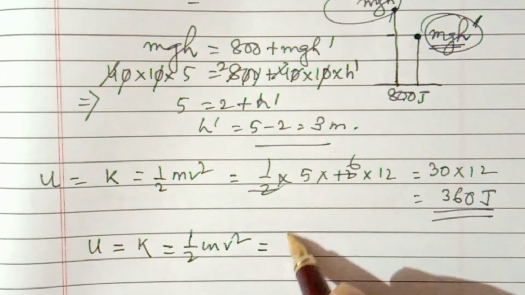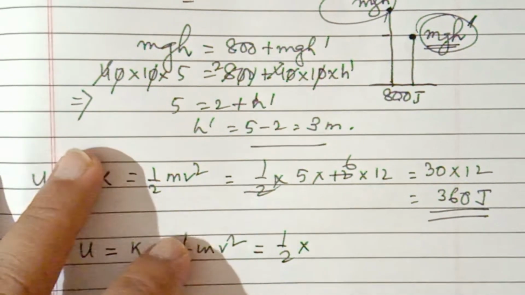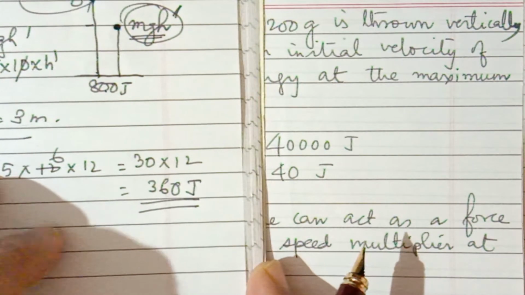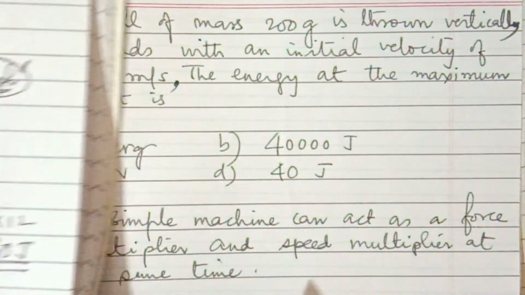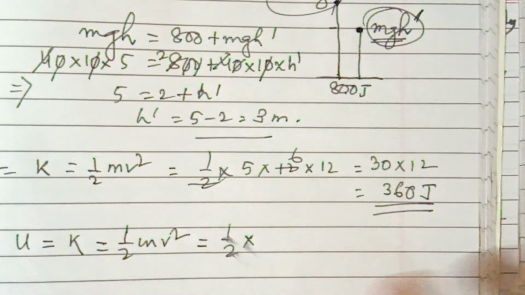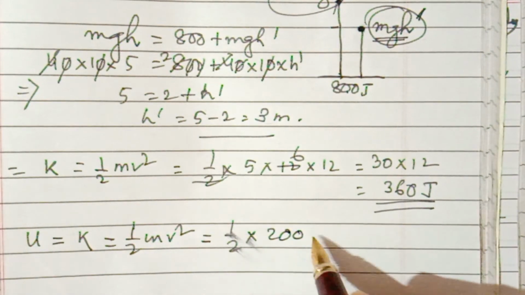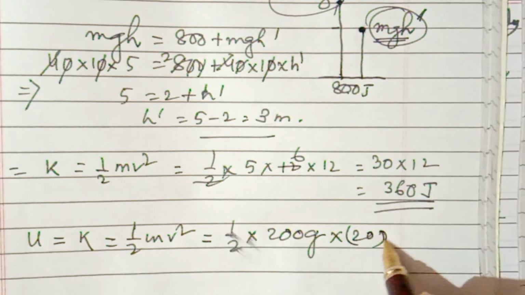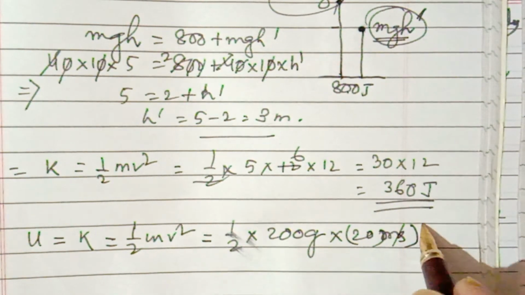So what is the initial velocity? Mass is 200 gram and velocity is 20 meter per second. So half into 200 gram into 20 meter per second square.